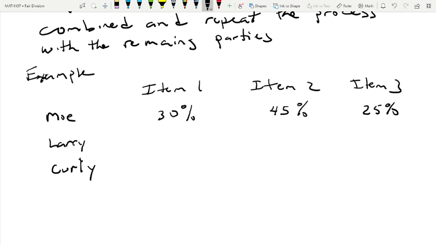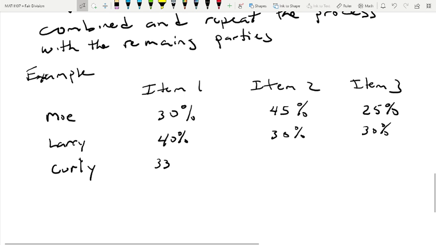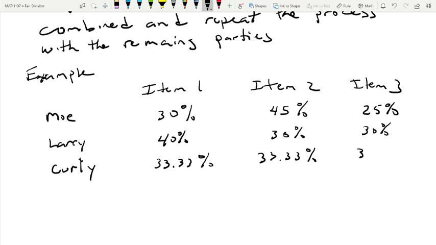Larry puts in his bids and says item 1 is 40, item 2 is 30, and item 3 is 30. And Curly likes each one equally, so he puts in a bid of 33 1/3 on each one.